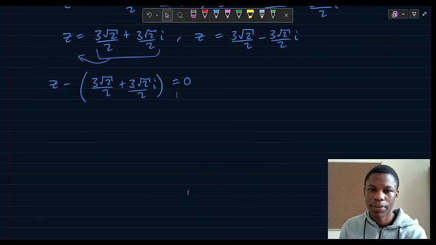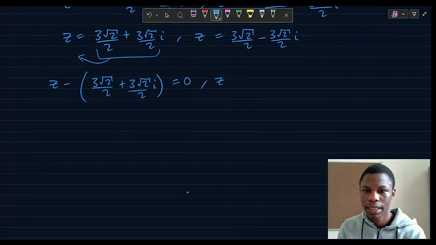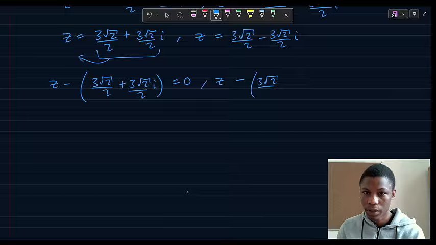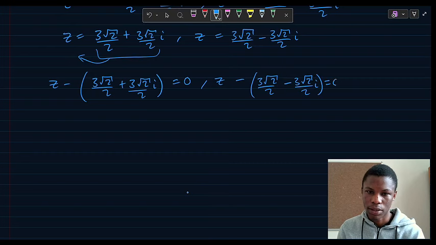And we'll do the same thing here. Z minus, move that to the left, 3 root 2 over 2 minus 3 root 2 over 2i. And this is all equal to 0.